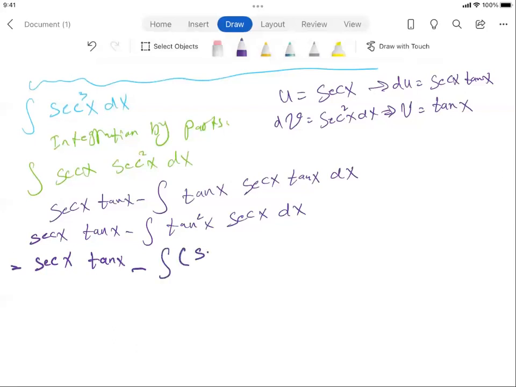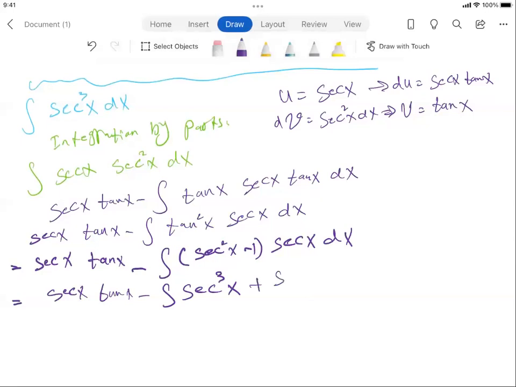We know that it is secant square of x minus 1, and I have secant of x here, dx. Then I have secant of x tangent of x minus, if I distribute the term, the integral of secant to the 3rd power of x dx. And minus with minus becomes a plus, secant of x dx.